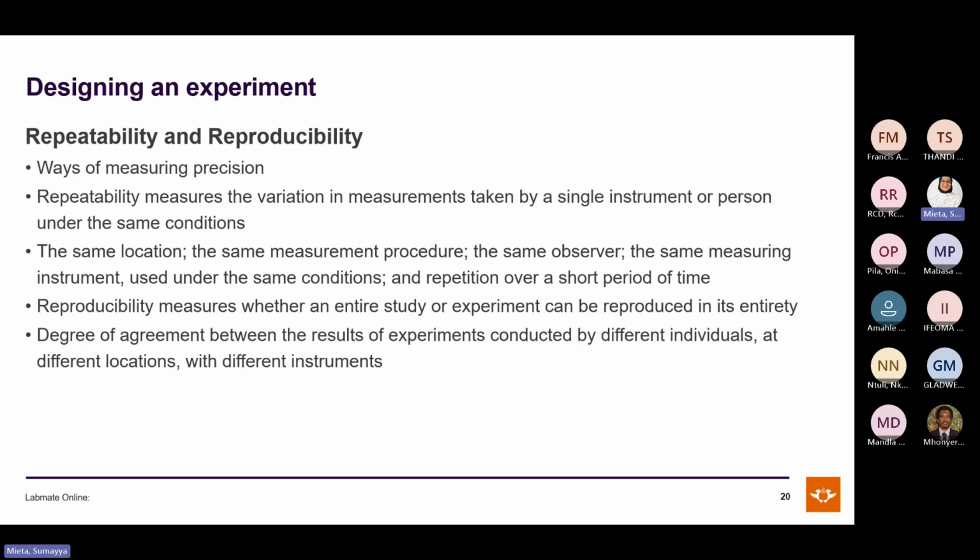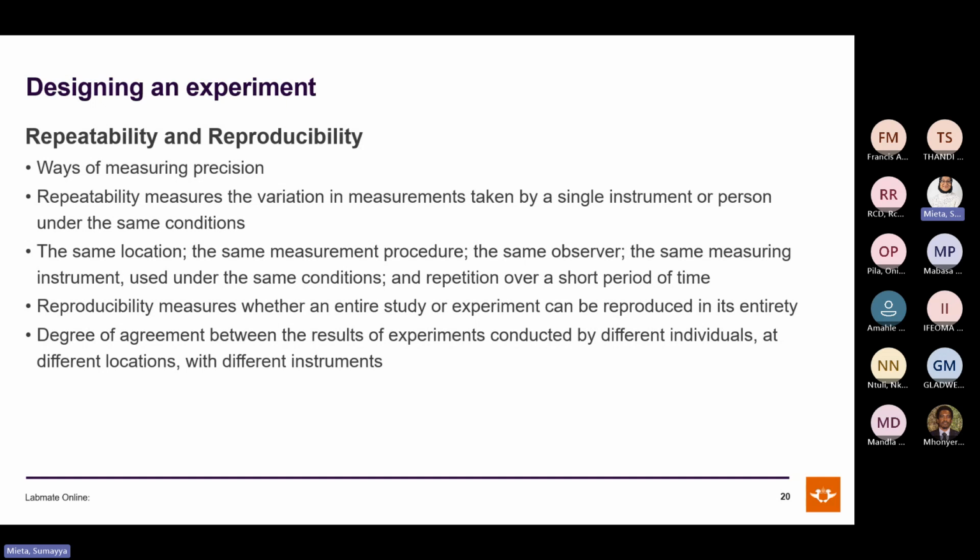Because remember, when we are publishing our findings, we need to give the methodology. Okay, and the reason for that is to show that our study was robust and our experiments were conducted correctly, because another individual in another country, in another laboratory, in a different environment, can take that same methodology and follow it in the same manner that you had done and get the same results.